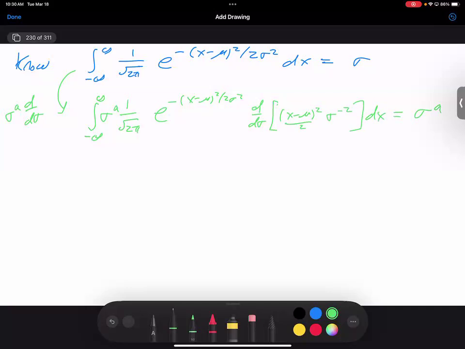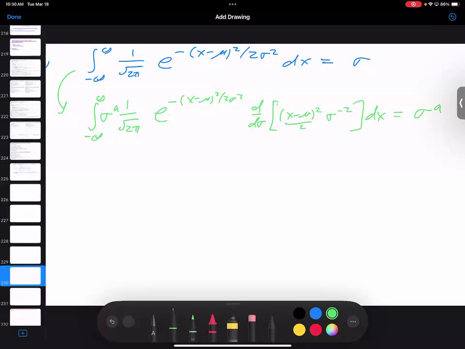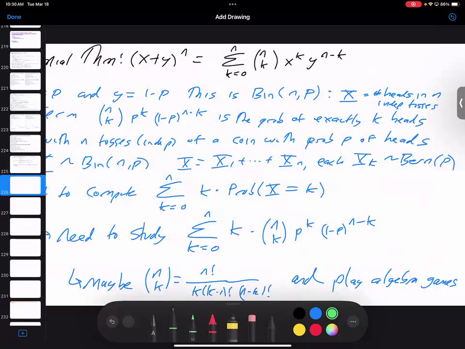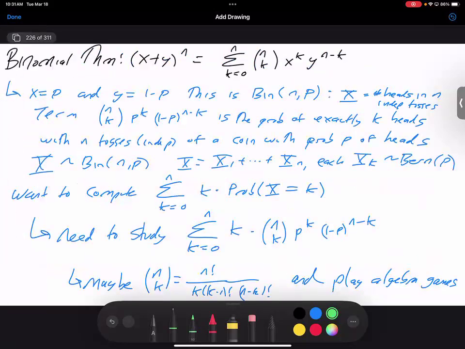And I'm giving myself a little bit of freedom in terms of what value of a is good. For the previous problem, I wanted to have an x to the k. When I differentiated, I got an x to the k minus 1. The power was 1 smaller. It wasn't that hard for me to look at this and know I need to increase my power by 1 when I differentiate.